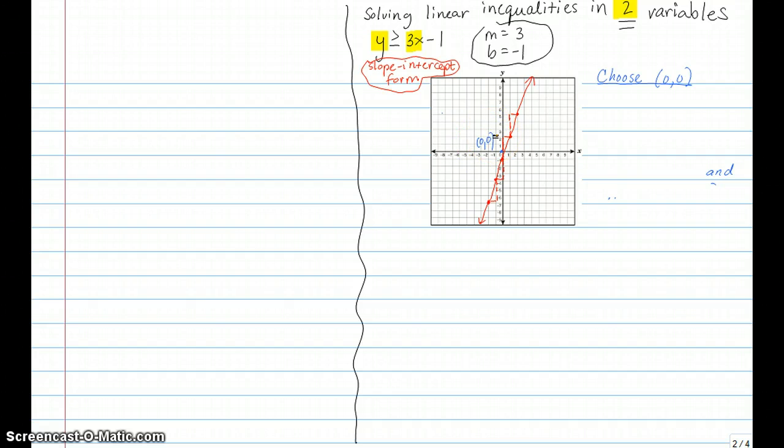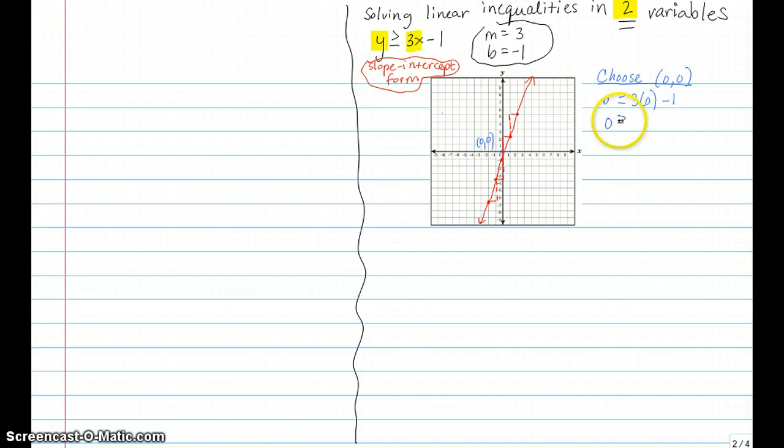All right, so we are going to plug in, we're choosing 0, 0, we're going to plug it into this equation here. So y is 0. Greater than or equal to 3 times x is 0, there's your x, minus 1.